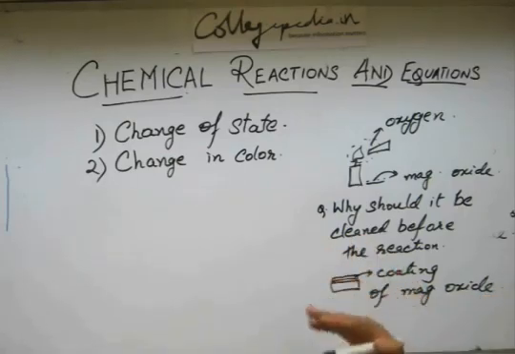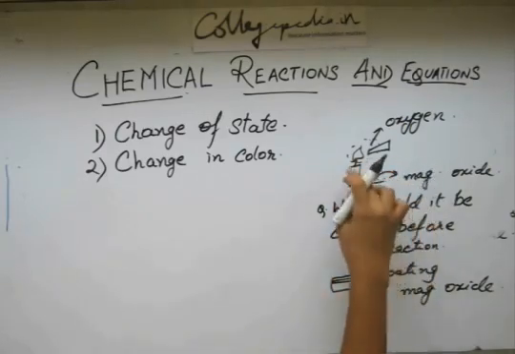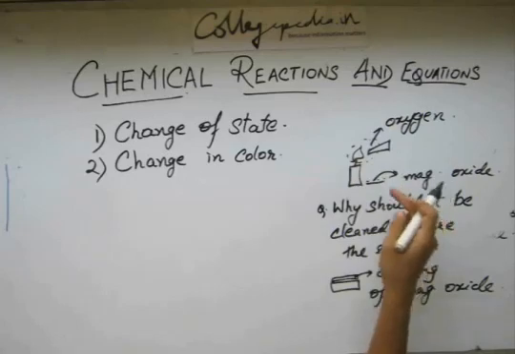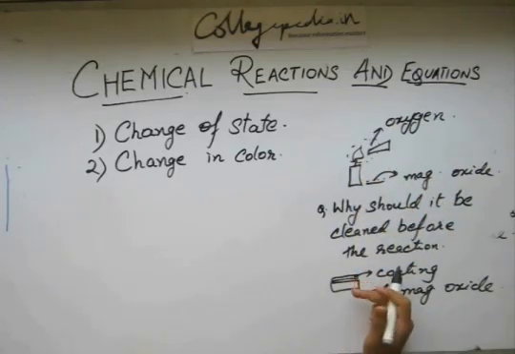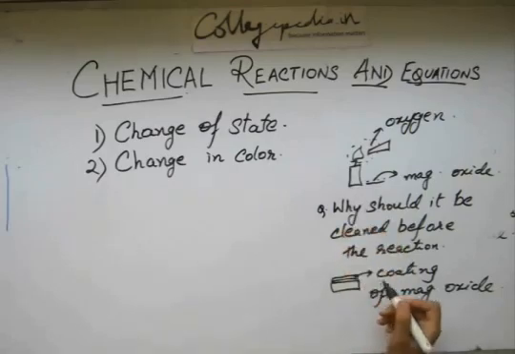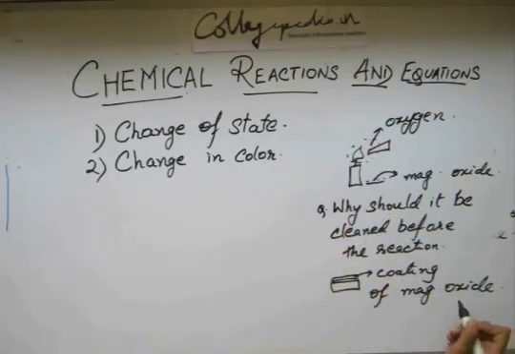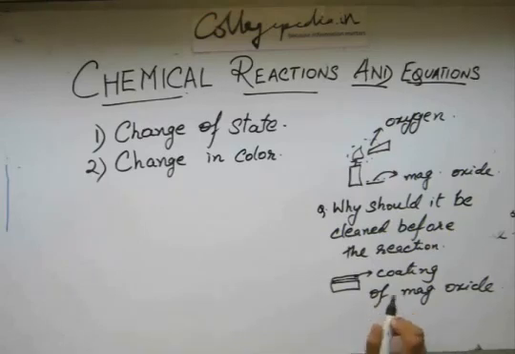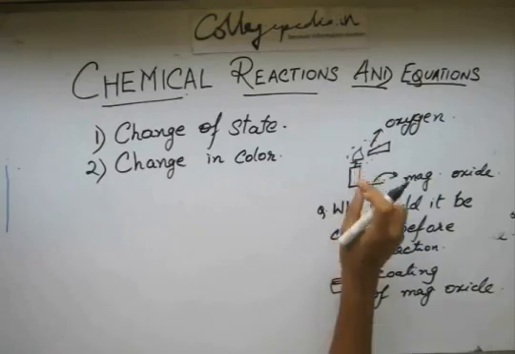And this coating covers the magnesium wire. So if you take this wire and burn it, you'll see that the flame will reach only till the coating. It will not reach the magnesium wire. So the coating of magnesium oxide does not react with oxygen. Only magnesium reacts with oxygen. But in this case, the magnesium wire is not reaching the flame.